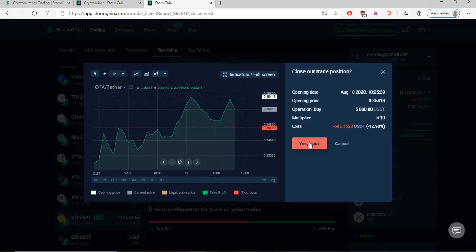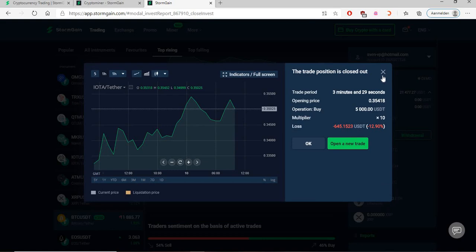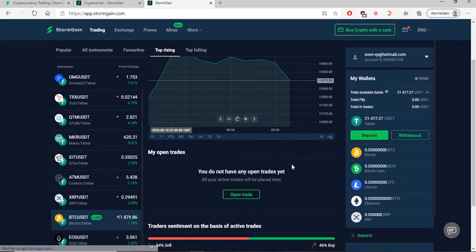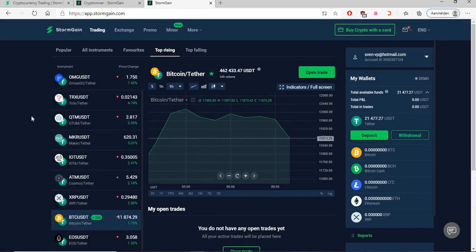But now you know the basic stuff of how this trading system works, and you can see it has a high potential, but it also has a high risk. So yet again, guys, it's paramount that you understand that you can only invest the money that you're willing to lose and to take the risk of losing.